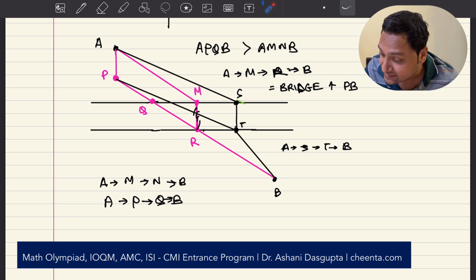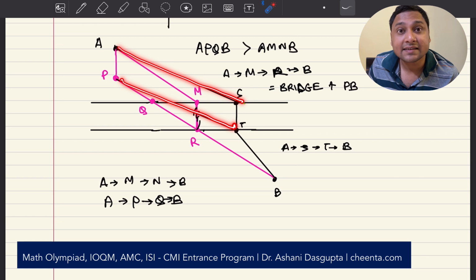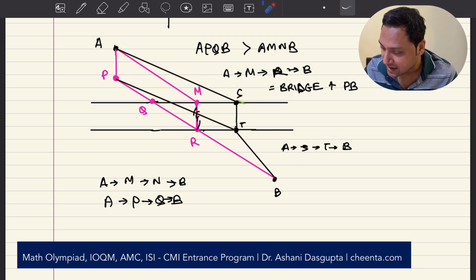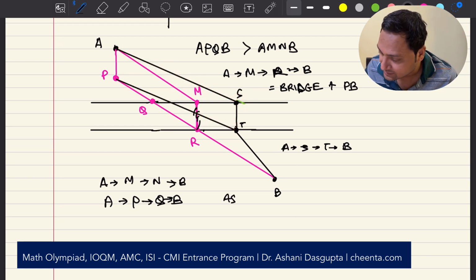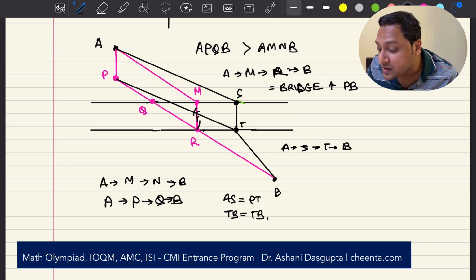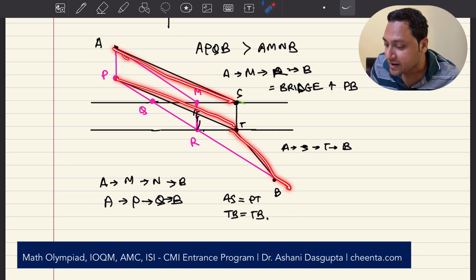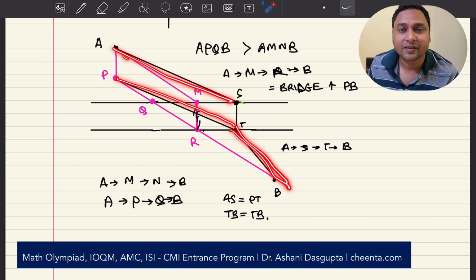Notice that AS is equal to PT, right? AS is equal to PT. And TB is equal to TB, of course. So PT plus TB is equal to AS plus TB, right?